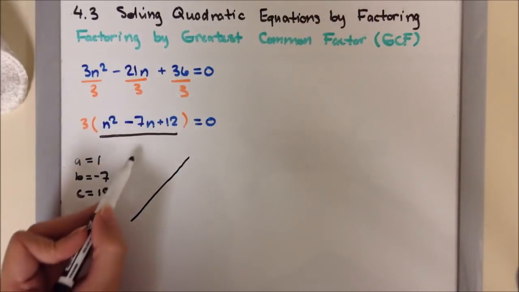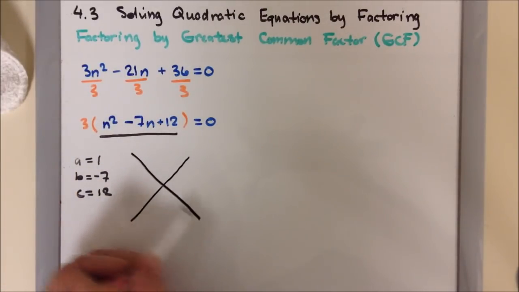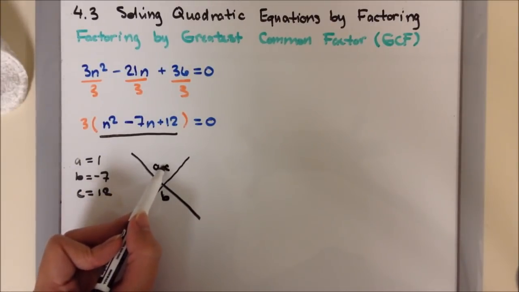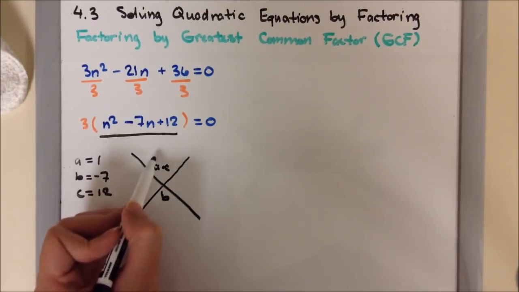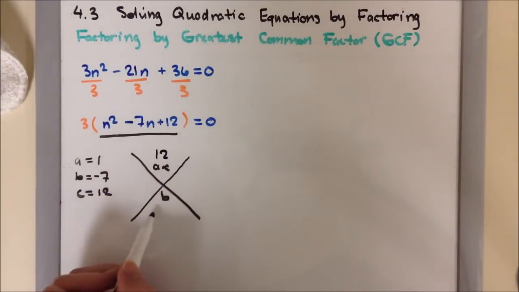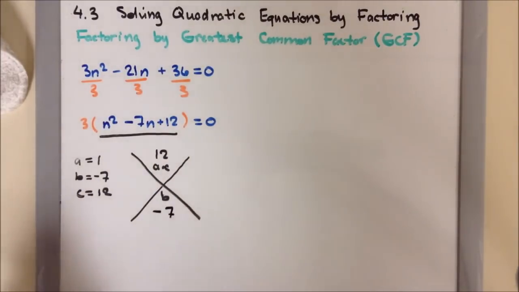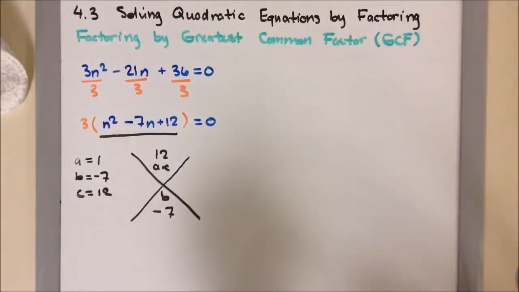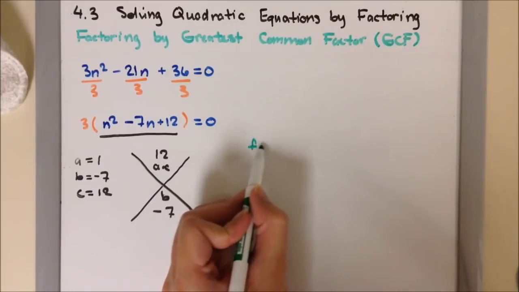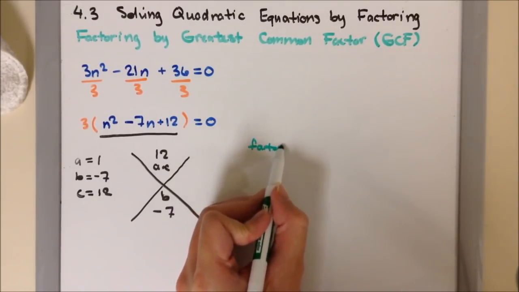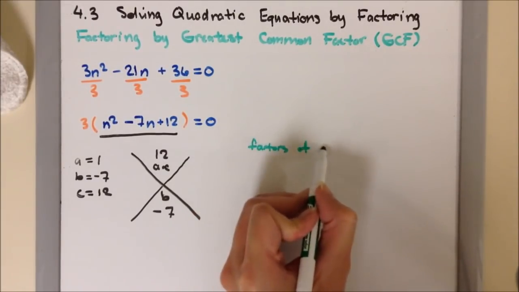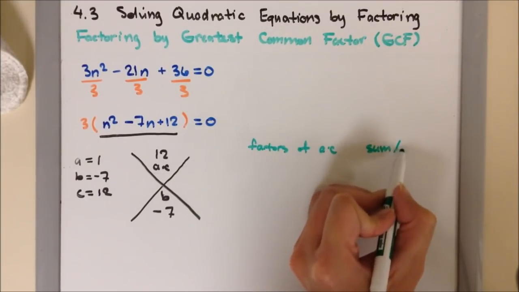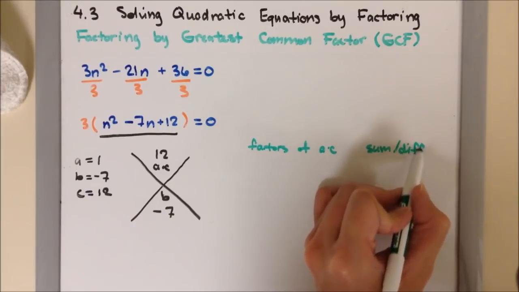And then our X table. My A times C, 1 times 12, is 12, and my B is negative 7. Now, factors of A times C, and the sum and difference.